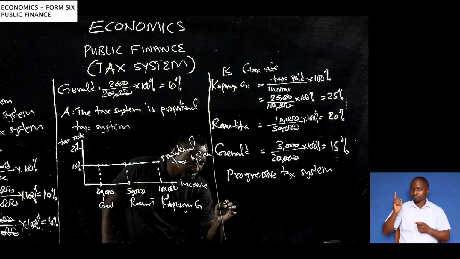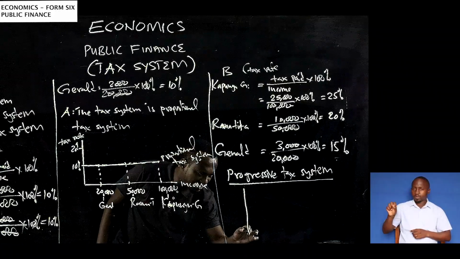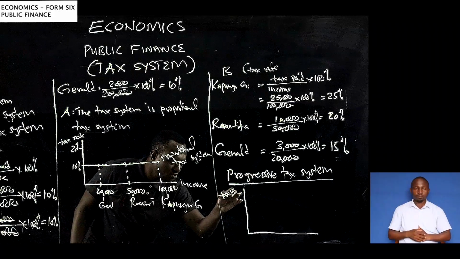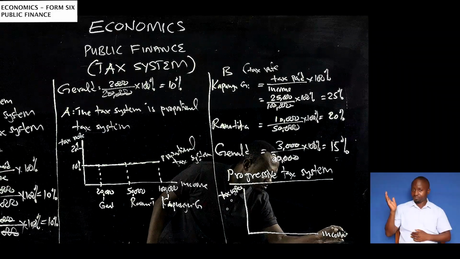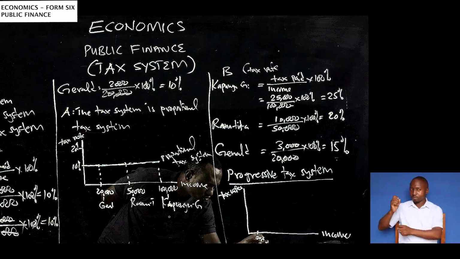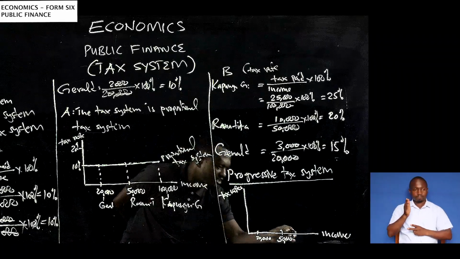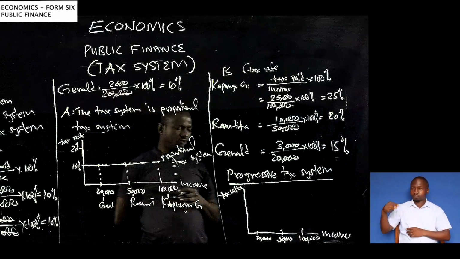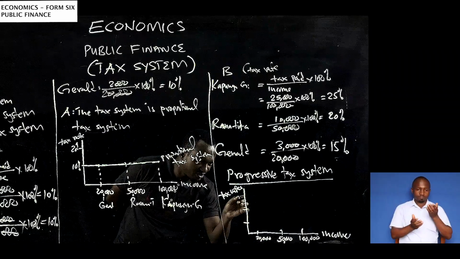So graphically, this progressive tax system will be seen like this. Here we have tax rates. Here income. We have 20,000 for Gerard, 50,000 for Ramatita, and 100,000 for Kapungu. We have different tax rates.